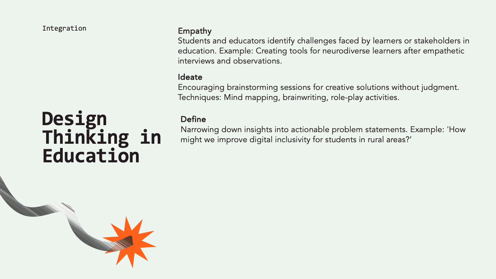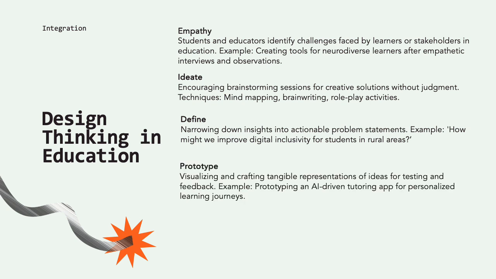In the define stage, narrowing down insights into actionable problem statements. Example of this would be, how might we improve digital inclusivity for students in rural areas? Prototype. Visualizing and crafting tangible representations of ideas for testing and feedback. Prototyping an AI-driven tutoring app for personalized learning journeys would be a great example for this stage.